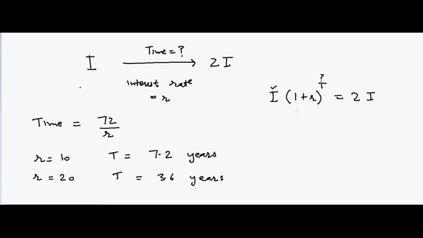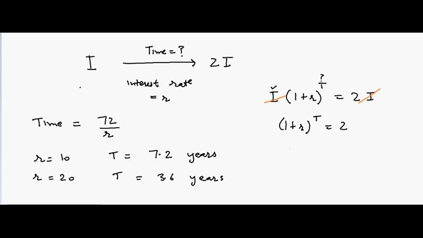So now if we solve this equation, I will be cancelled out by the other I. So this will cancel out, and then we have (1 plus R) to the power t is equal to 2.